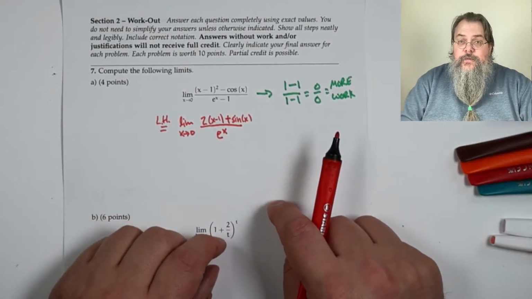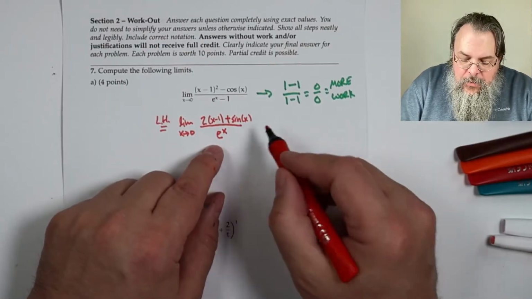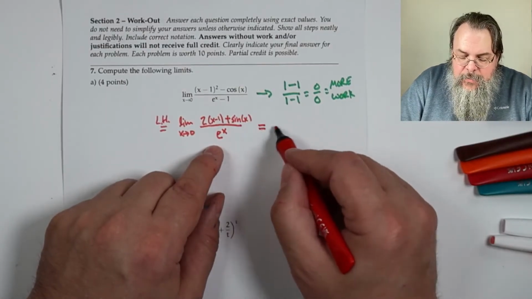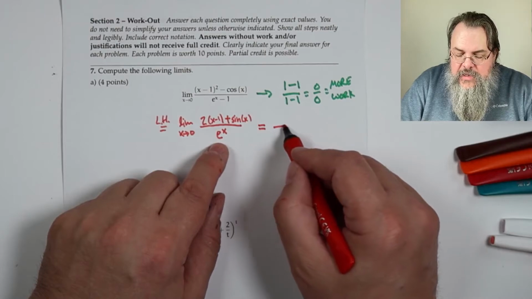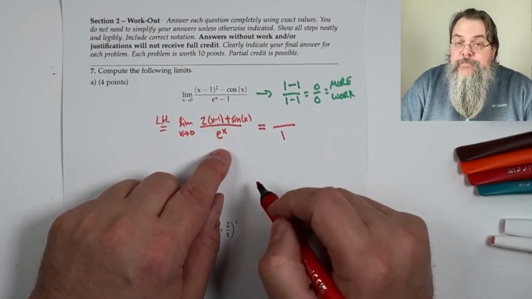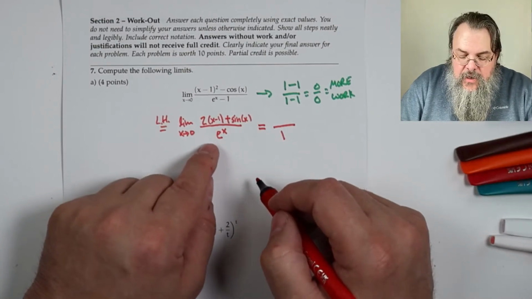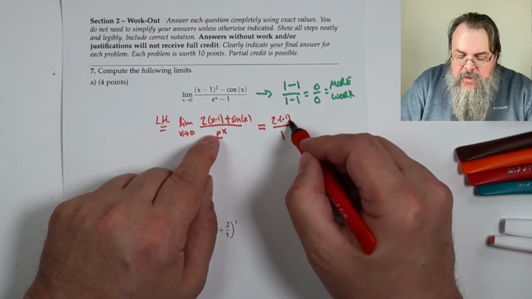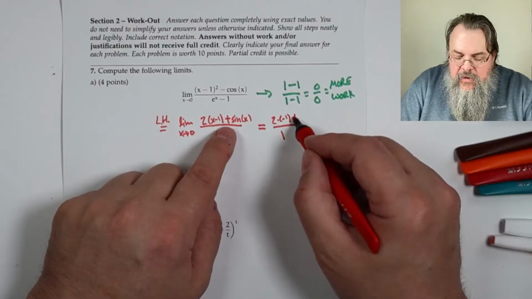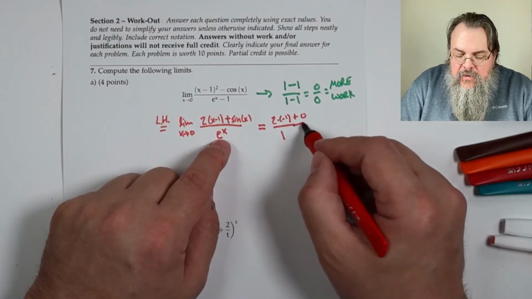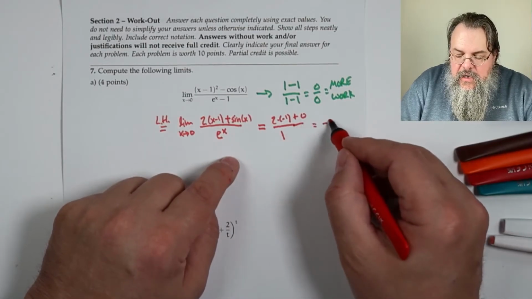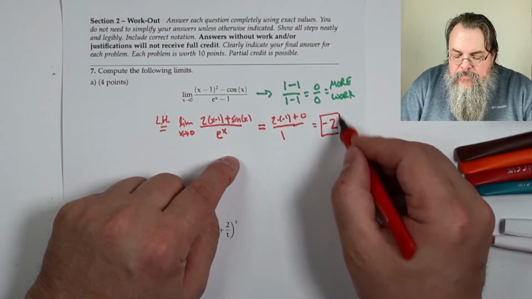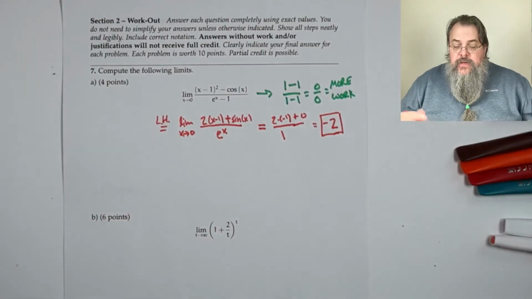It means game over, man. We're done. So we plug stuff in. Downstairs, e to the 0 is 1. Upstairs, we have 2 times 0 minus 1, so that's 2 times negative 1, and then plus sine of 0 is 0. So we end up with negative 2. And there we go.